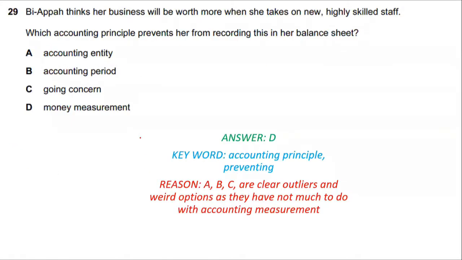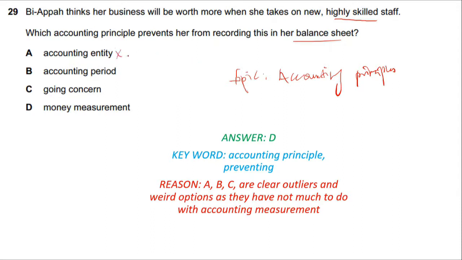Multiple choice 29. Appa thinks her business will be worth more when she takes on new highly skilled staff. Which accounting principle prevents her from recording this in her balance sheet? This question is about accounting principles, and you just need to know the definitions of what each accounting principle means here.